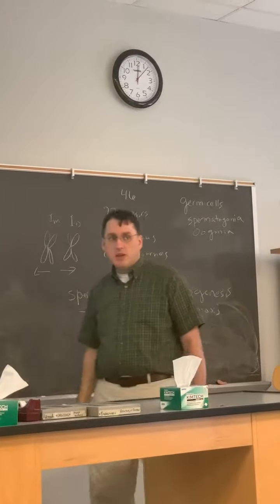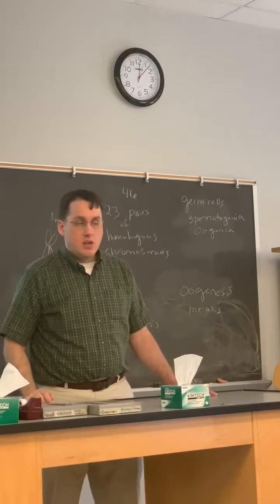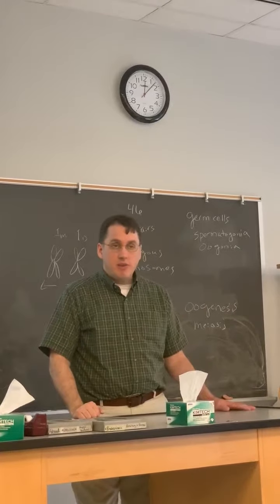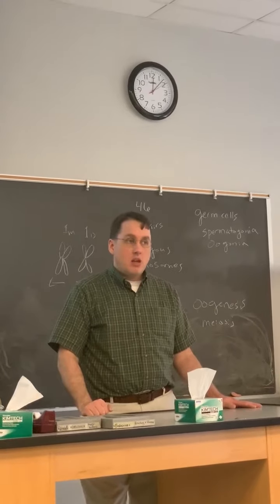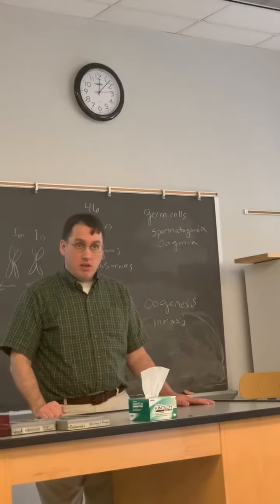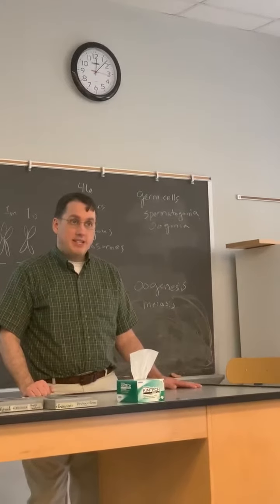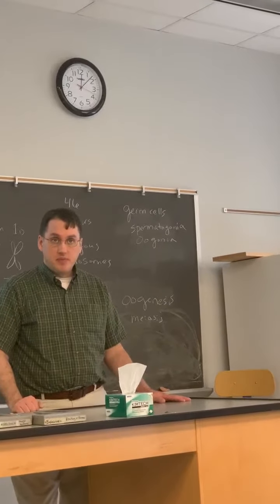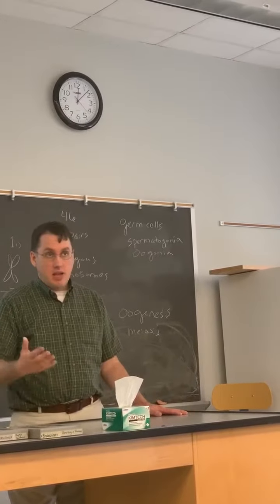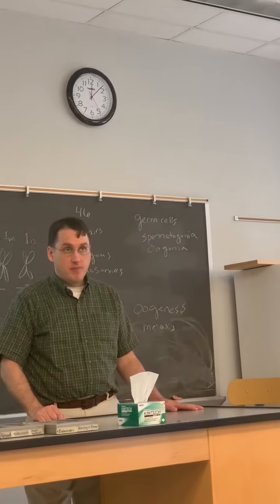Oogonium would be the singular. Now, as we'll learn next time we get into the female gamete production, no female in this room has any oogonia. But the males have plenty of spermatogonia, right?